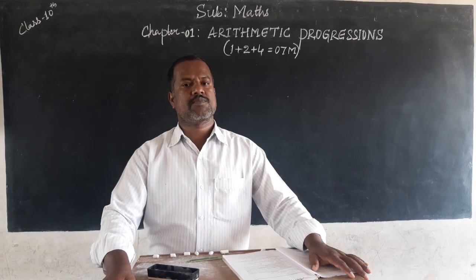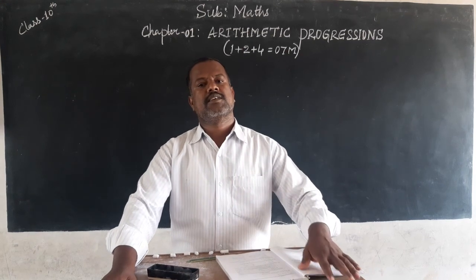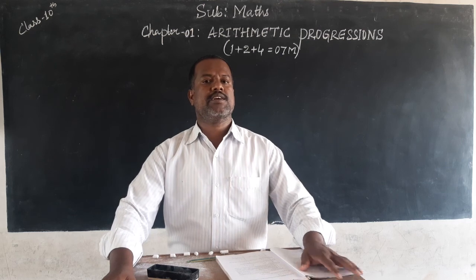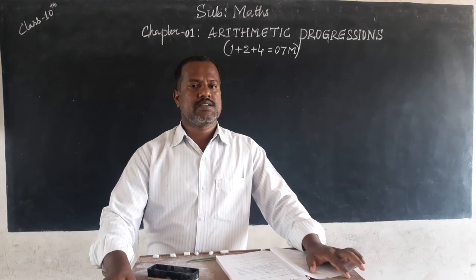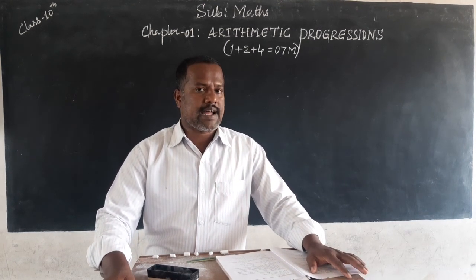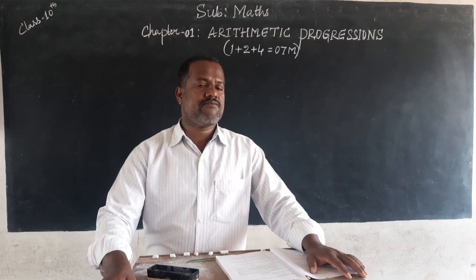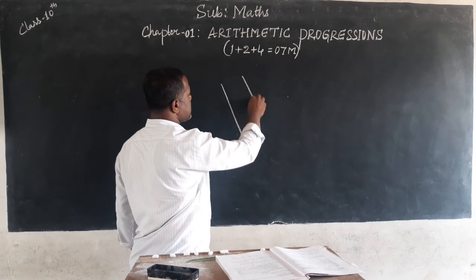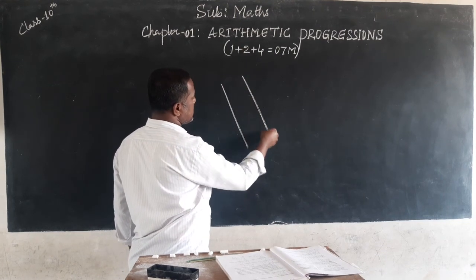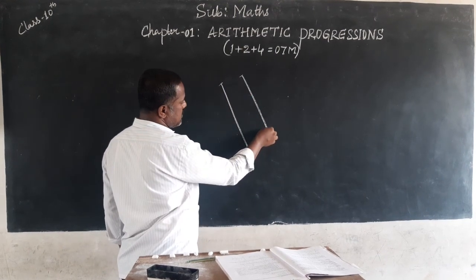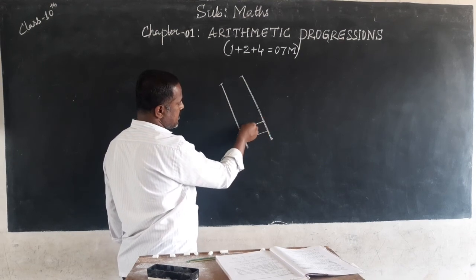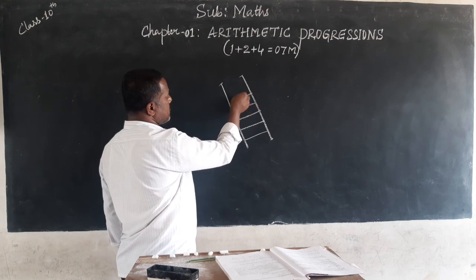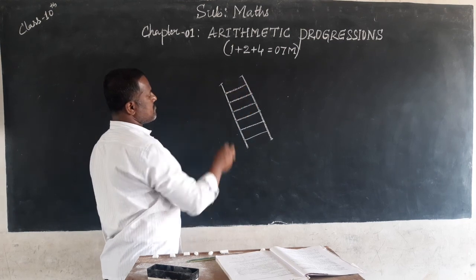Dear students, as we know, in our daily life we come across many situations. Suppose we observe a ladder, see students, these are the steps. The first step, second step, third step, fourth step, fifth step and sixth step.